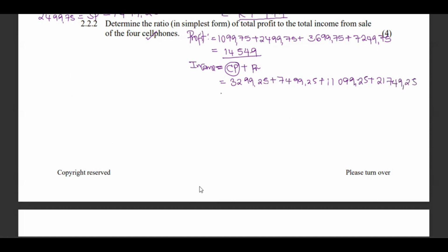Add up everything, you get 43,647. But this is just cost, so we add on the profit.